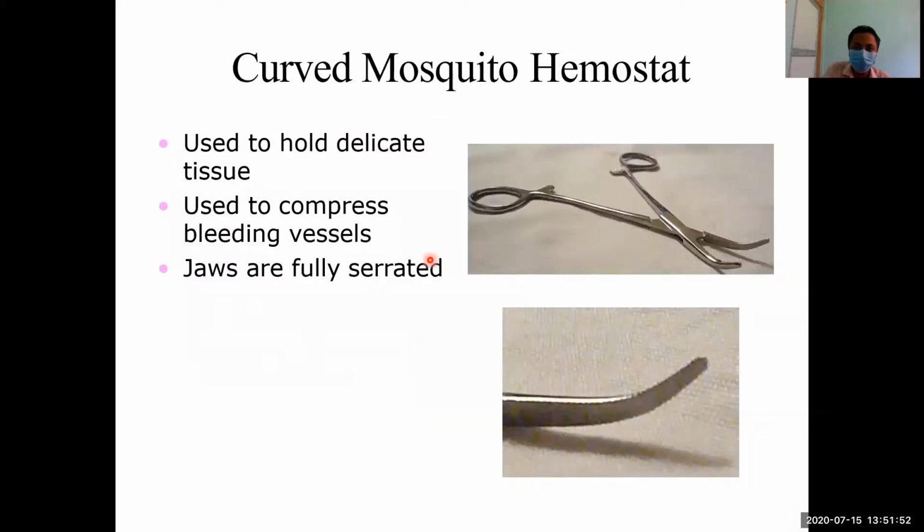So today we will talk about the most basic and widely used instrument in surgery, hemostatic forceps, right?